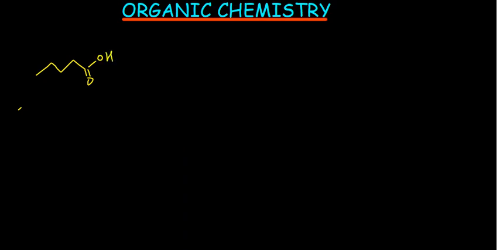The first thing is we need to find out how many carbon atoms are present in the longest chain: 1, 2, 3, 4, and 5. So 5 carbon atoms. But at position number 3, we've got an ethyl group. So this is going to be 3-ethyl. And then what remains has got 5 carbons, so that is going to be named as pentanoic acid. So that is going to be the name for this one.